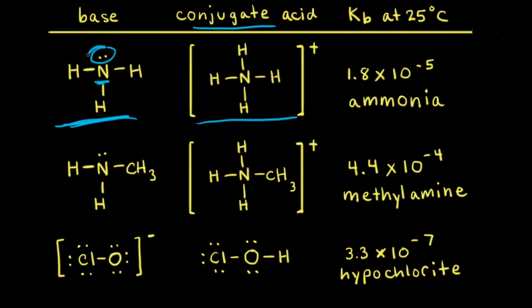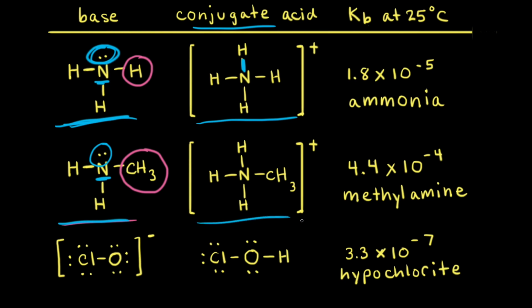So think about this lone pair of electrons that I circled here picking up a proton to form this bond. If we replace the hydrogen with what's called a methyl group, CH3, we form a new weak base called methylamine. Like ammonia, methylamine has a nitrogen with a lone pair of electrons that's capable of accepting a proton. So if methylamine picks up a proton, it forms the methylammonium ion.